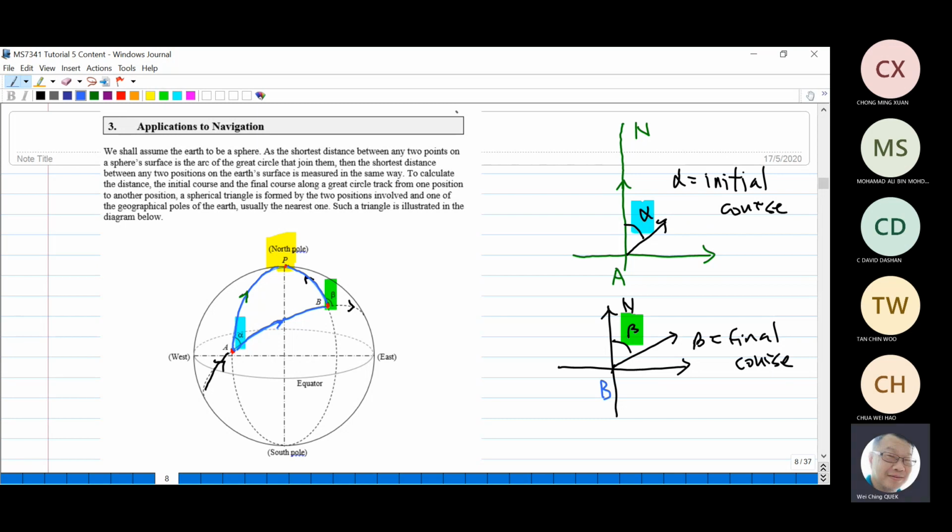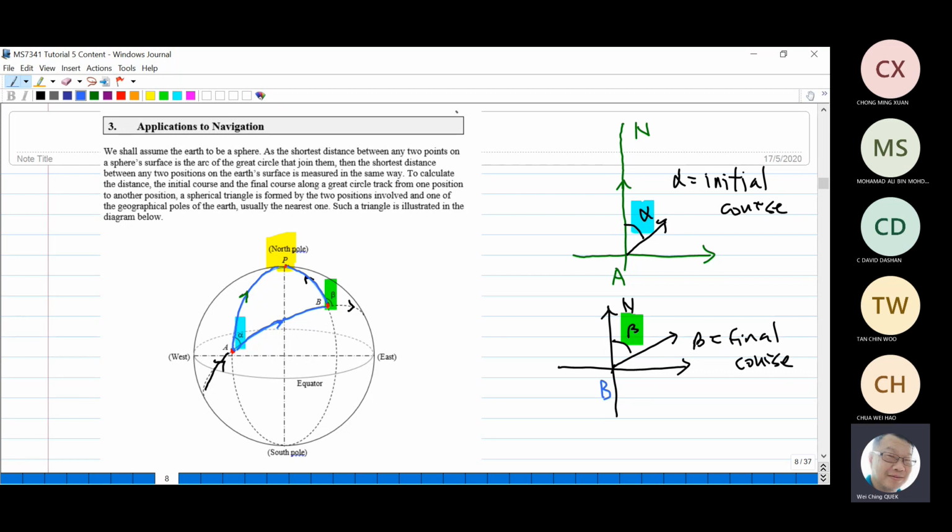So we'll teach you application to navigation. This is what I intend to do. So you can skip the 4-part theorem, and all the tutorial on the 4-part theorem, skip them. Let's see how much I can do for you here.